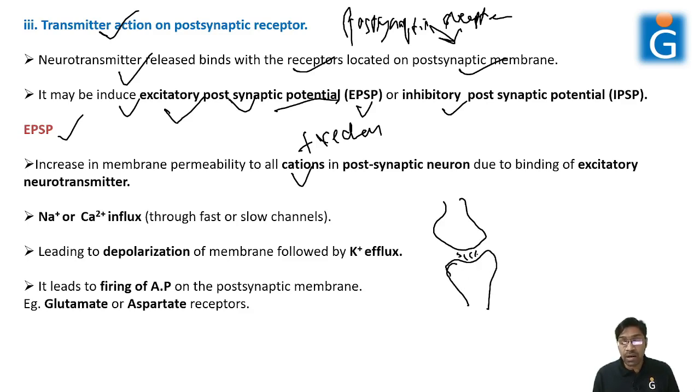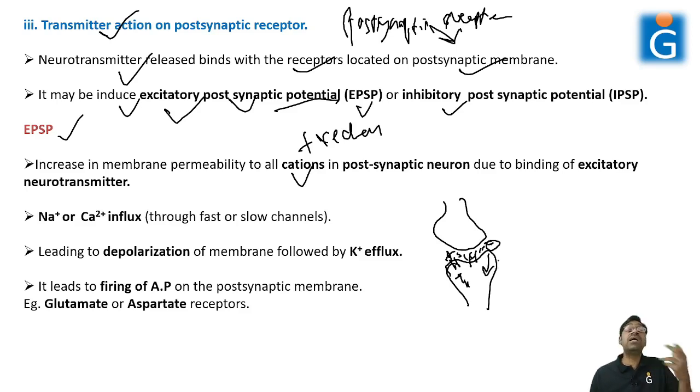When acetylcholine or any neurotransmitter binds to the postsynaptic neuron, it is going to either trigger the opening of positively charged ion channels inside the postsynaptic neuron, or it may cause the opening of negatively charged ion channels, which is going to favor the influx of negatively charged ions inside the postsynaptic neuron.